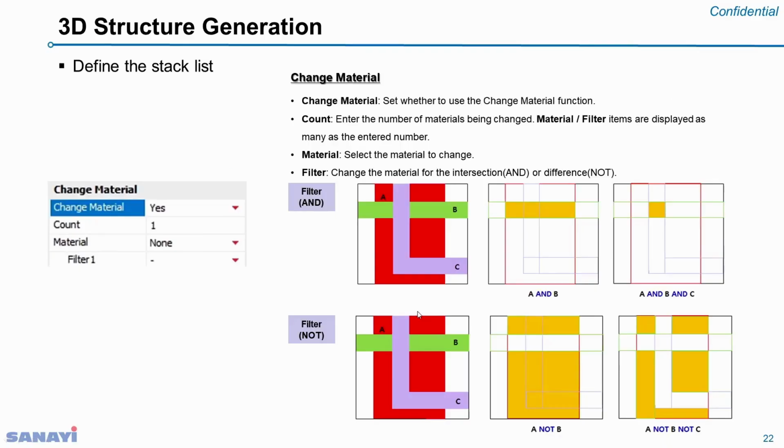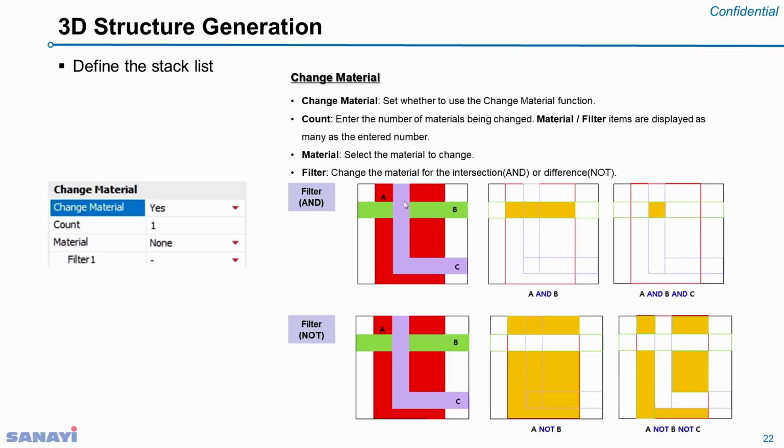Lastly, change material property. You can change specific areas of a layer to different materials. First, select whether to use the function in change material and enter the number of materials to change in the count field. And material and filter are displayed as many as the number entered. In the material, select the material to be changed. And in the filter, set which area the material is to be changed. And means the intersection.